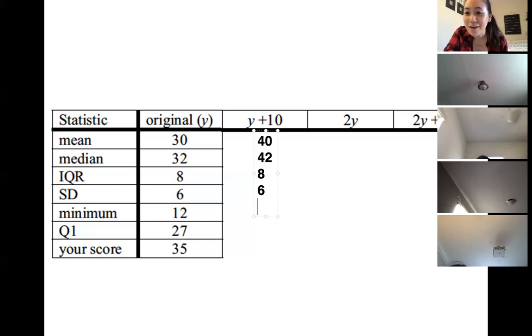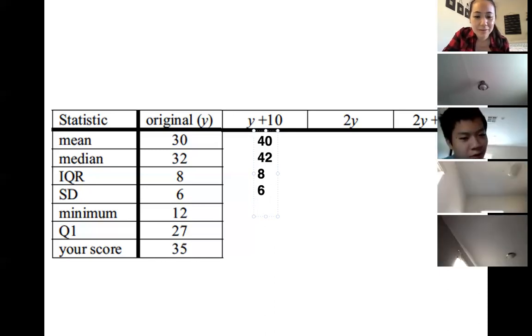All right, minimum, Ethan, what would the new minimum be? So the minimum score, so let's say the person who scored the lowest score got 12. But I'm giving everybody 10 points extra credit. So what's this person's new score?